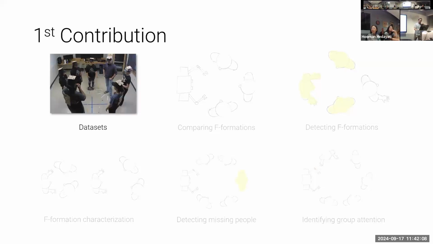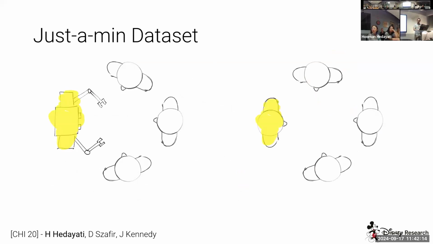So just for the sake of completeness, I'm going to introduce three data sets that we collected, and they are available if you need them for any of your research. The first one is from Disney Research, and we have data of human-robot conversational groups and human-human conversational groups.